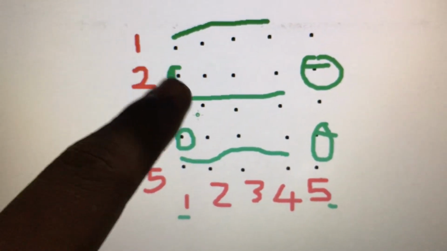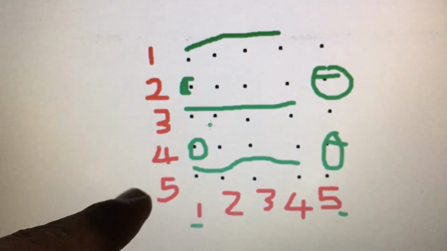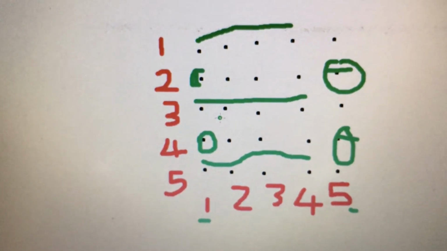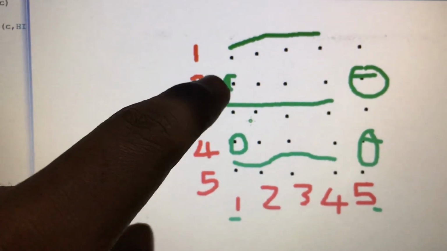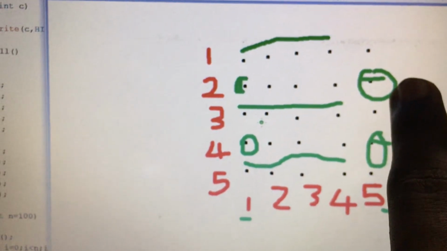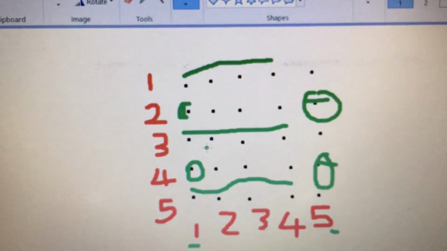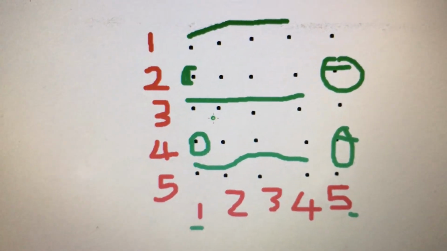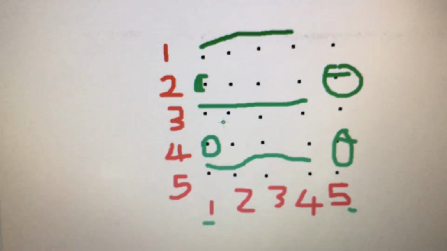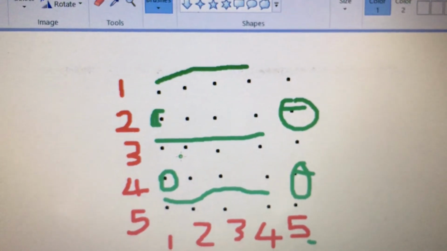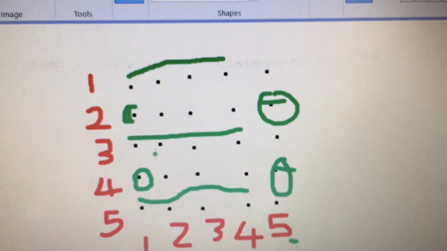Then when we draw some lines like this, we can see these 4 are the intersecting points. So only these 4 LEDs will be glowing now. Okay guys, now when we connect all these points together, we get an idea that it looks like a B.